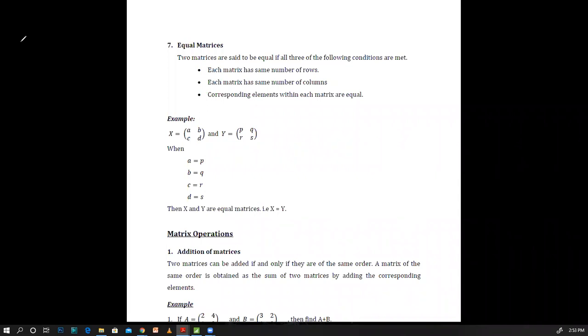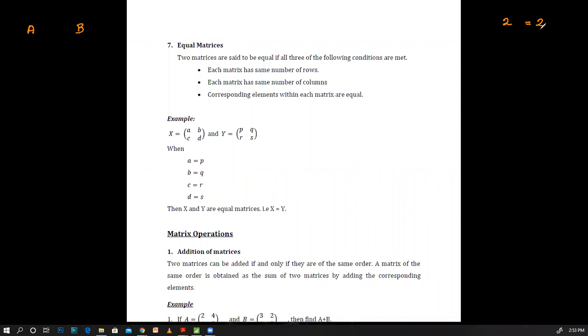Now think about if you are having matrix A and matrix B. If these are just numbers, what we can have is only the value. If A is 2 and B is 2, then since the magnitude and signs are similar, we can say that equality exists.